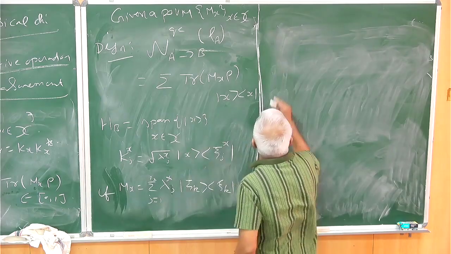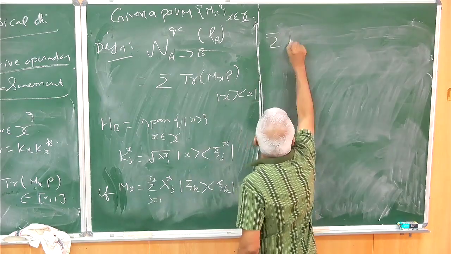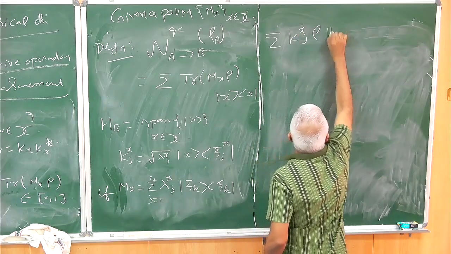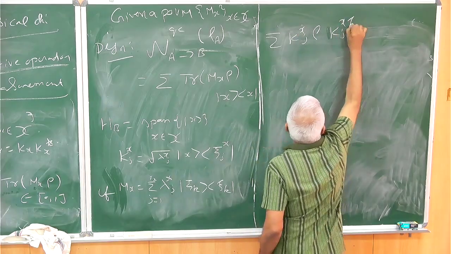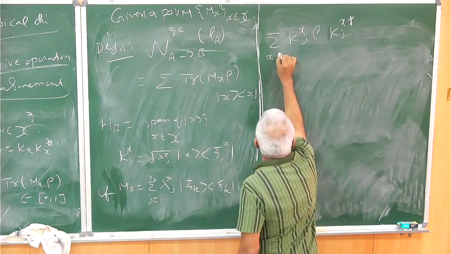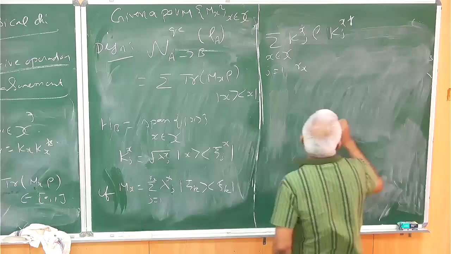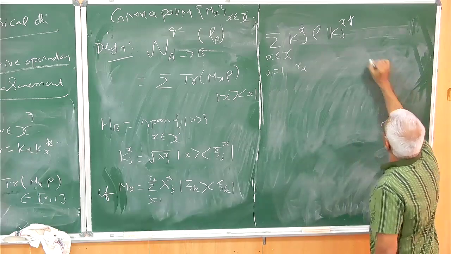The first verification is the summation of K_xj rho K_xj star, where the sum is over x in X, j equal to 1 to R_x. Let's write it.